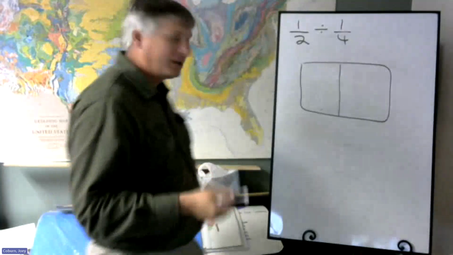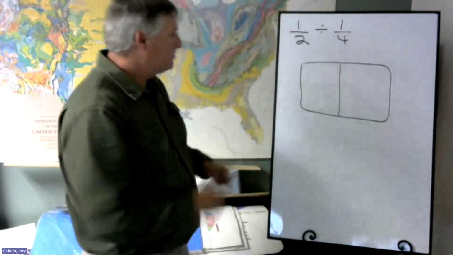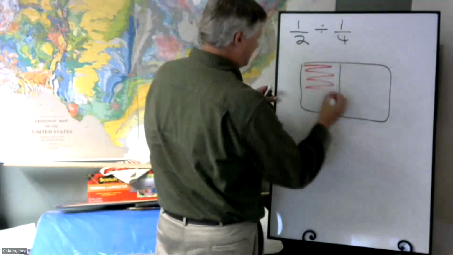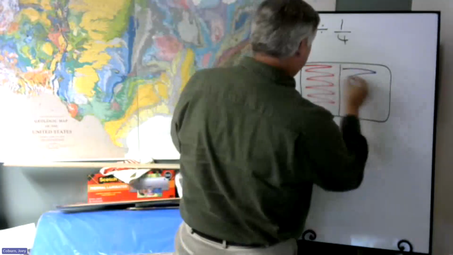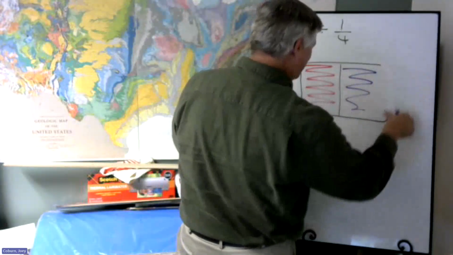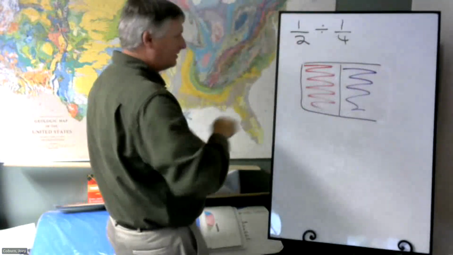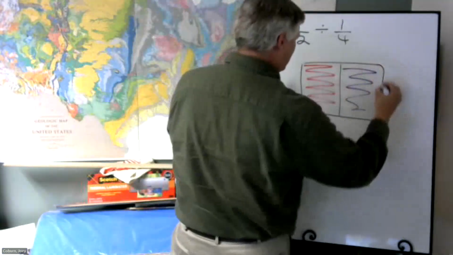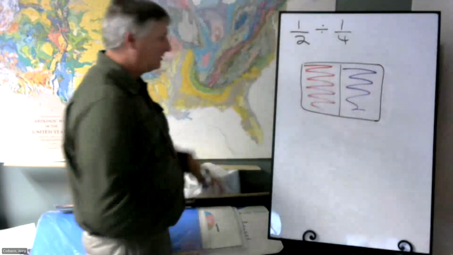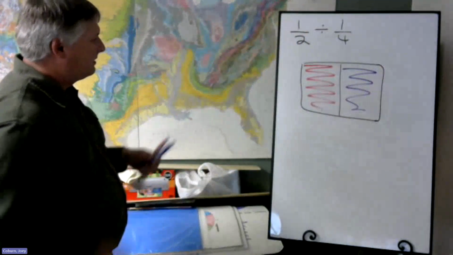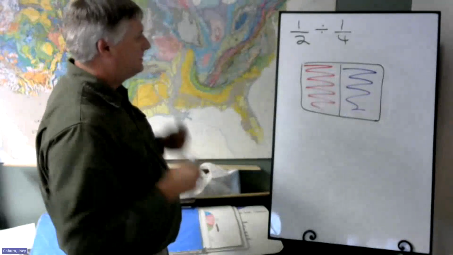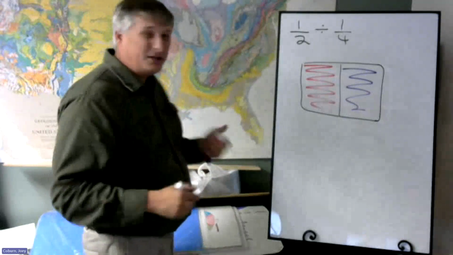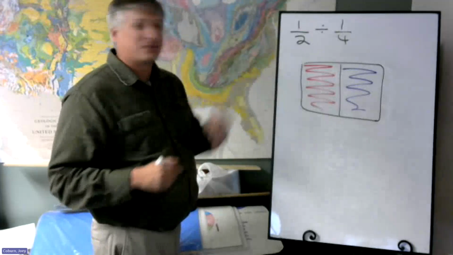And say this is our cake again. And we're going to divide it initially in half, or roughly in half here. Let me adjust my drawing here. So taking a look at this, what we can do is ask this question: how many fourths fit inside a half?